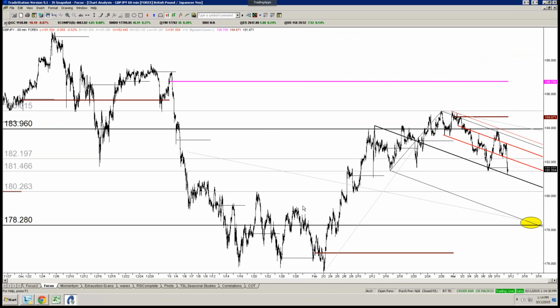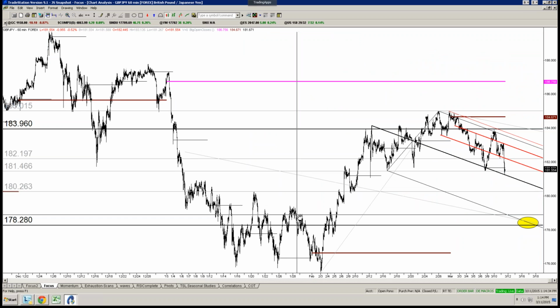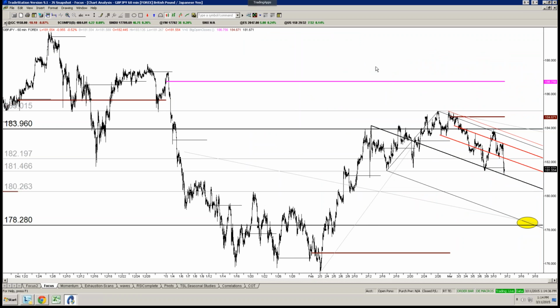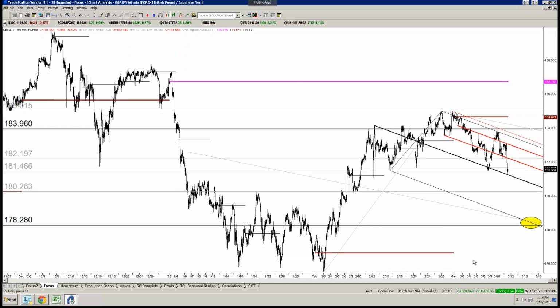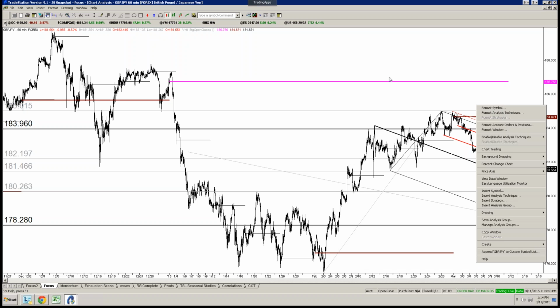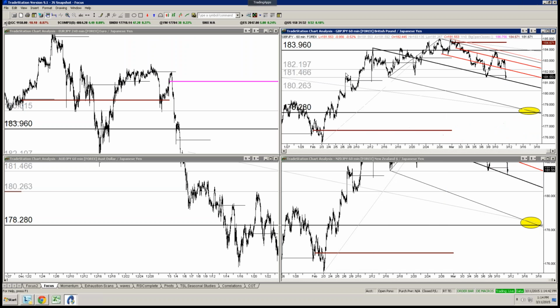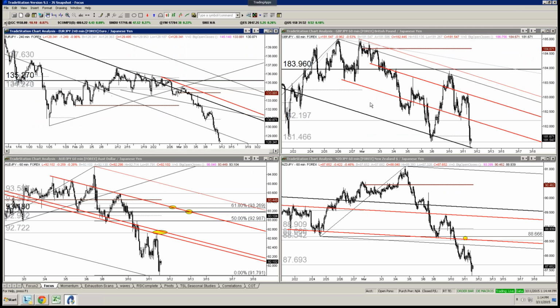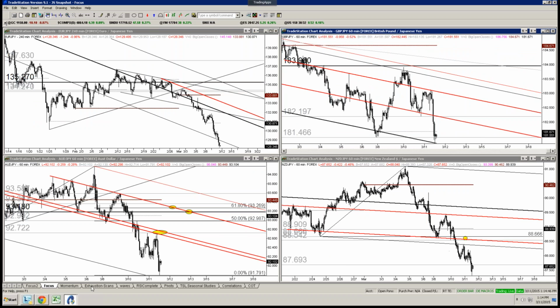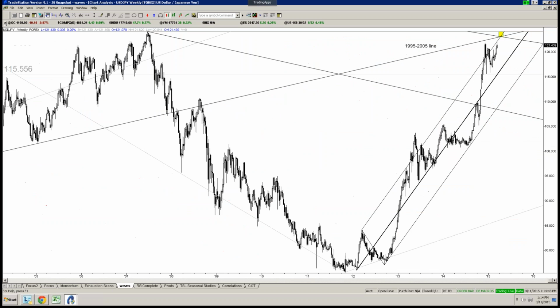Either way, that 178.30 area looks awfully important. So I would expect a bounce from there, even if the much larger trend is actually down. Speaking of that, why don't we take a quick peek at pound yen.